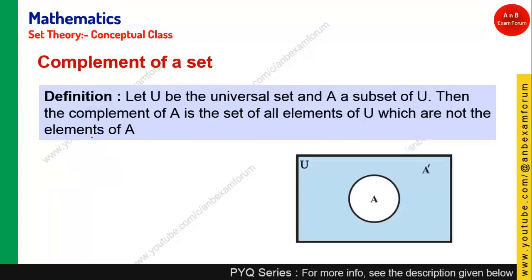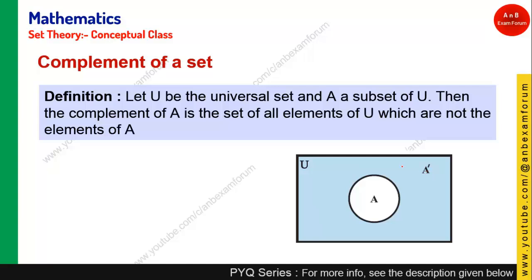Coming to the next operation, which is the complement of sets. A very simple one. You have set A and this is the universal set. So if you switch over, instead of considering this set, you consider all the other elements which are present in the universal set, that is called the complement.